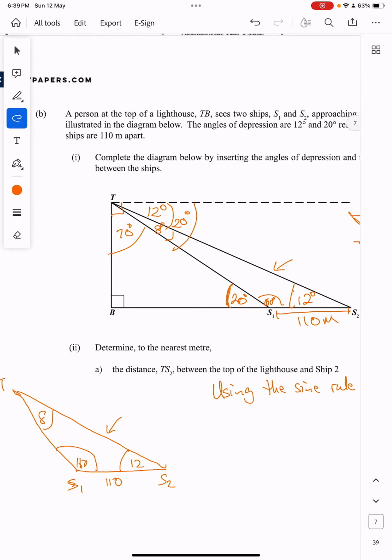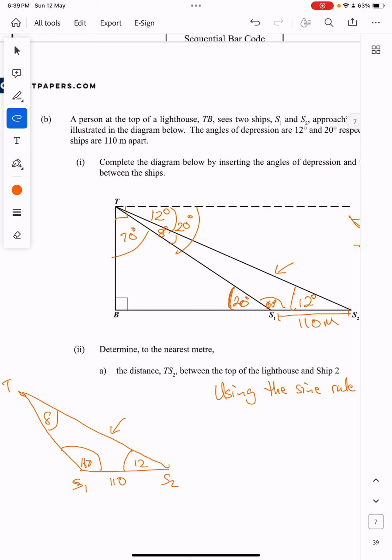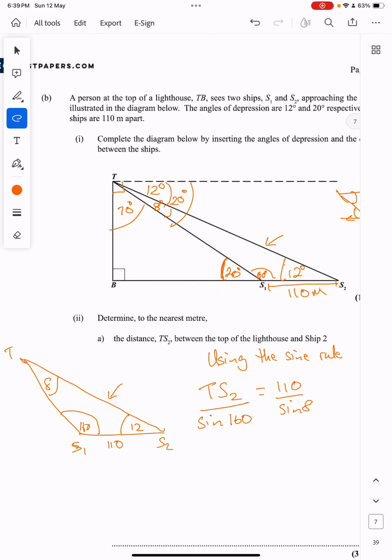we will get that TS2 over sine of 160, because we have to use the angle opposite it, would be equal to 110 over sine of 8.